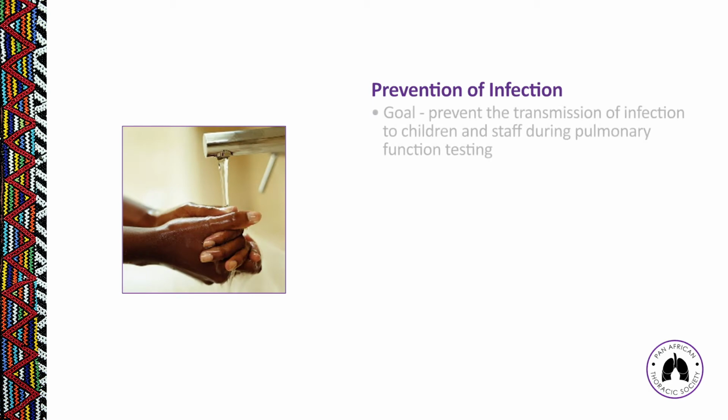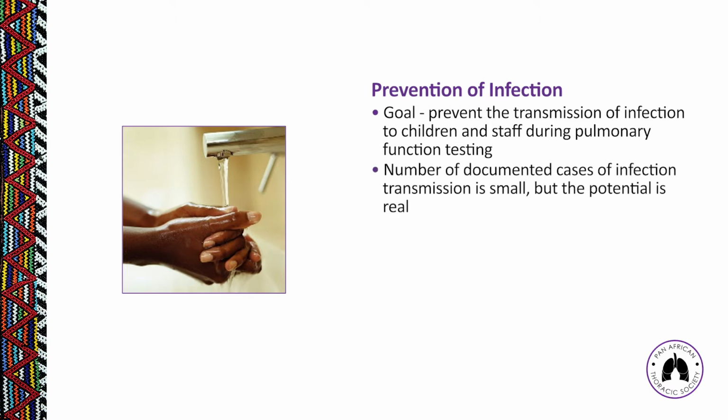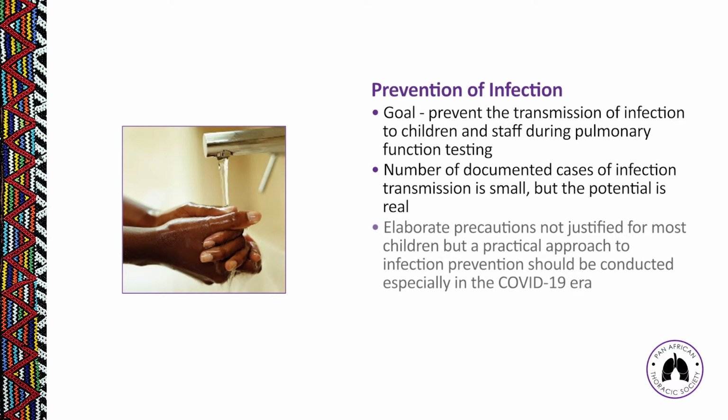So the goal of infection prevention is to prevent the transmission of infection to children and staff during pulmonary function testing. The number of documented cases of infection transmission in spirometry is small, but the potential is there, it's real. So elaborate precautions are not justified for most children, and a practical approach to infection prevention is best, especially in the COVID era.